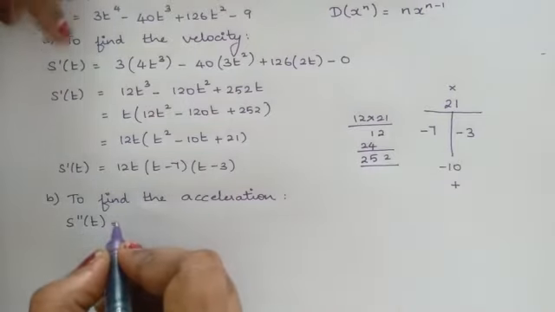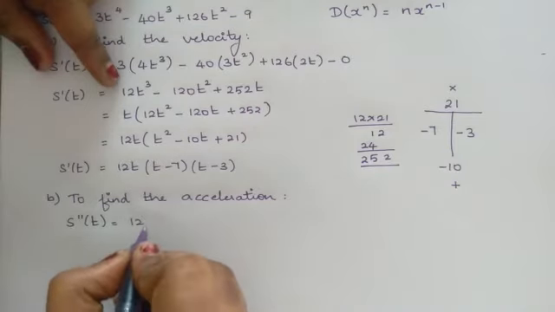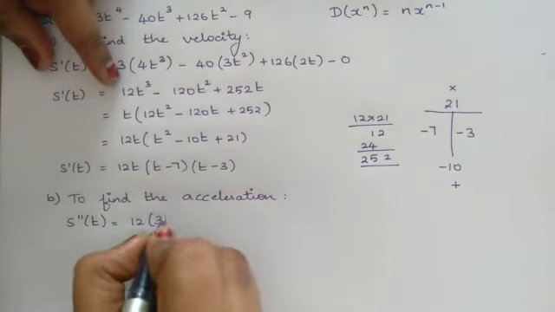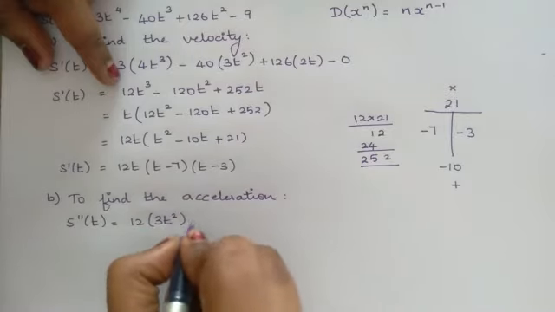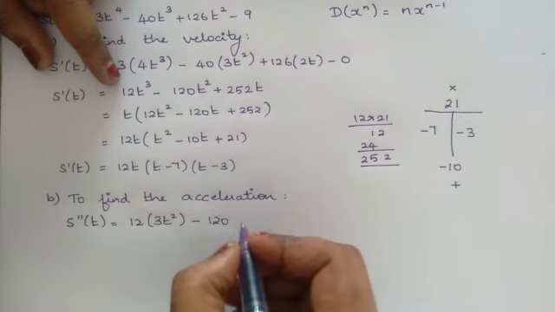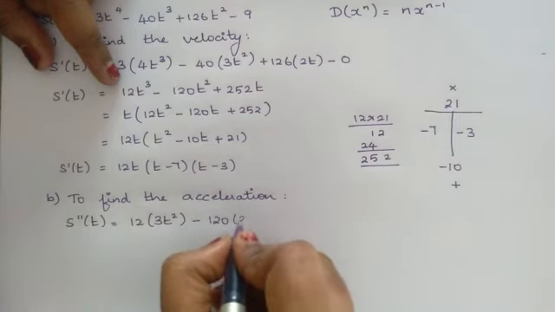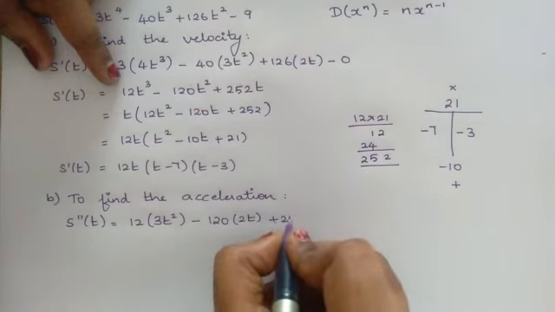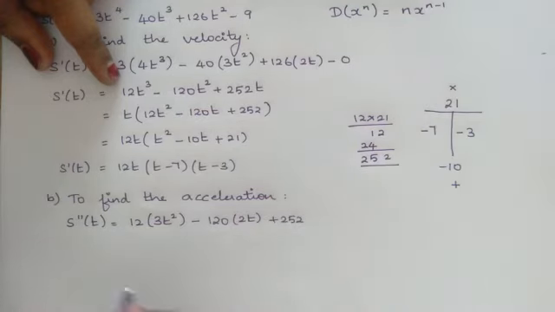So let's find out. This is coefficient 12, have it as it is. T cube can be identified with the derivative as 3t square, minus 120 as it is. T squared can be identified with the derivative as 2t. 252t can be written as 252 into 1, that's nothing but 252.